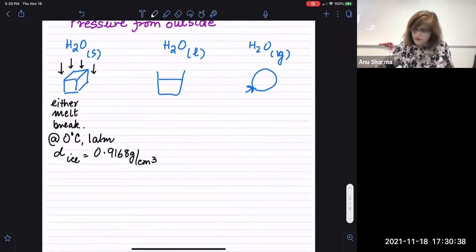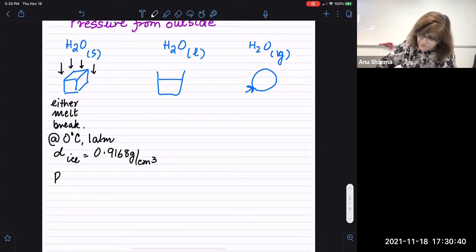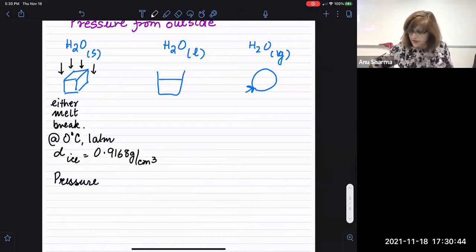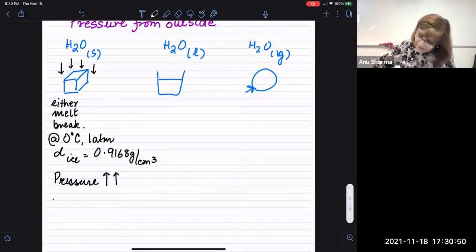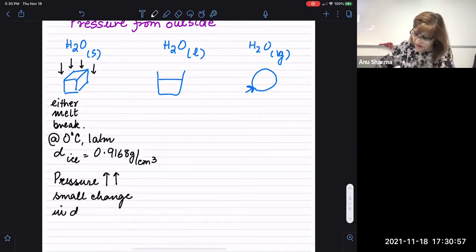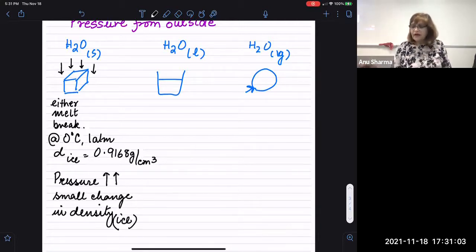But if you increase the pressure to whatever magnitude, the largest pressure, we see that there is a very small change in the density of ice. Not much happens.